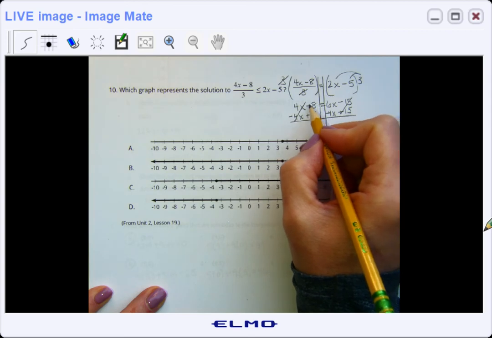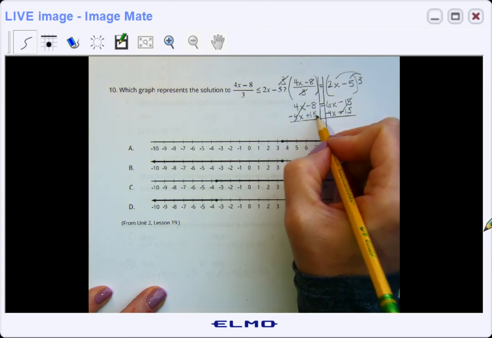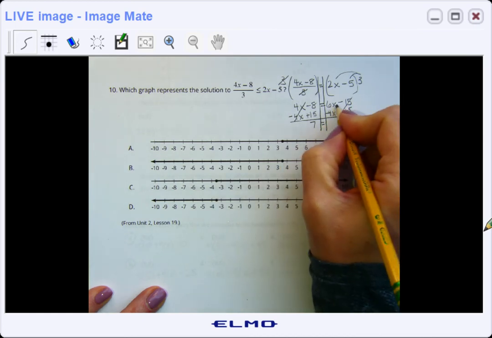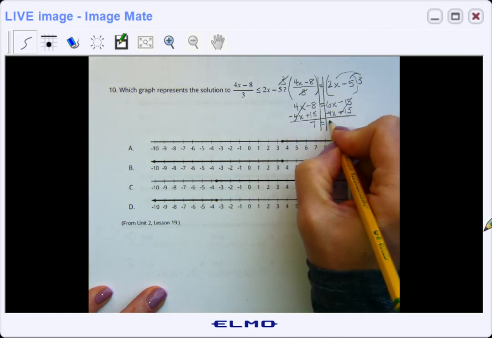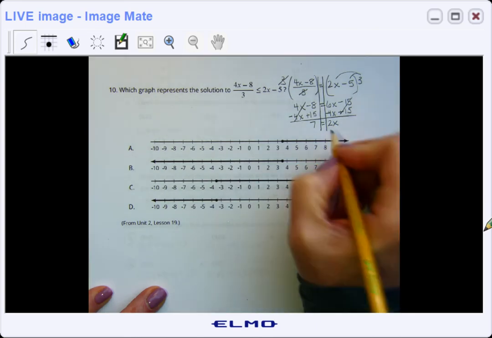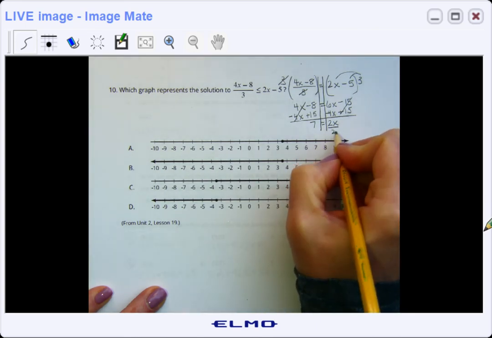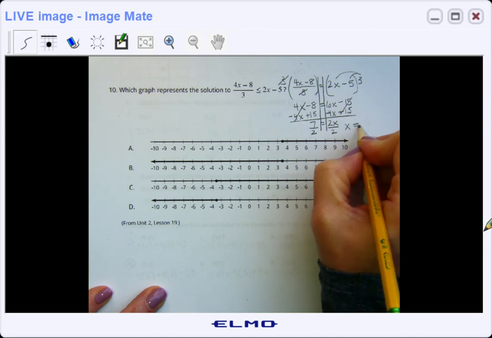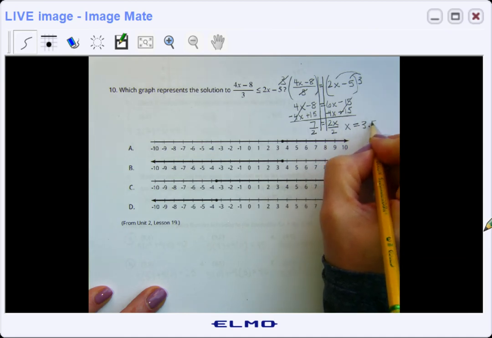So negative 8 plus 15 is equal to 7. And 6x minus 4x is equal to 2x. So finally, divide both sides of the equation by 2, and we get x equals 3.5.